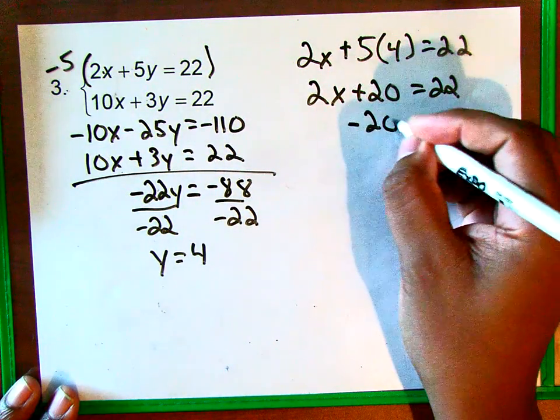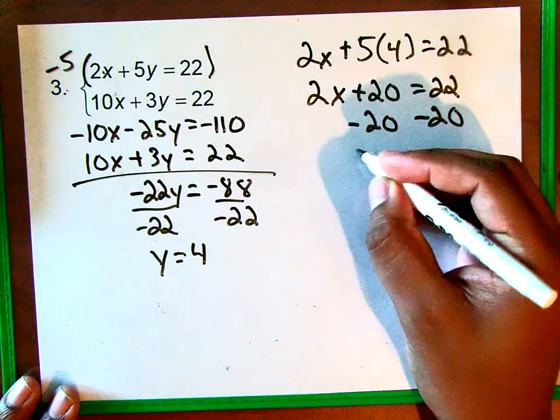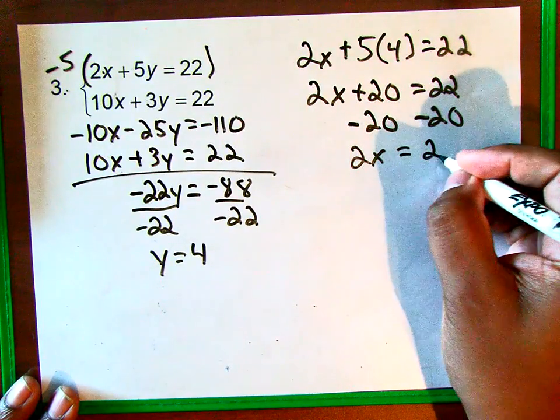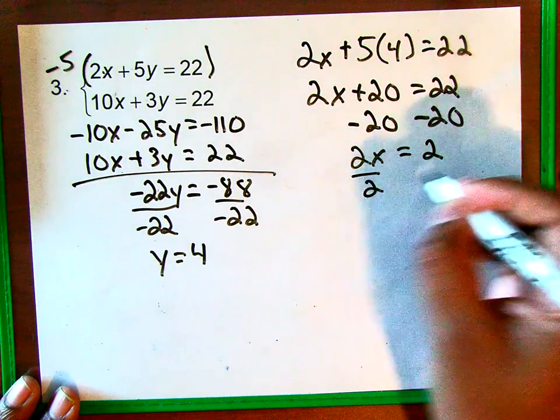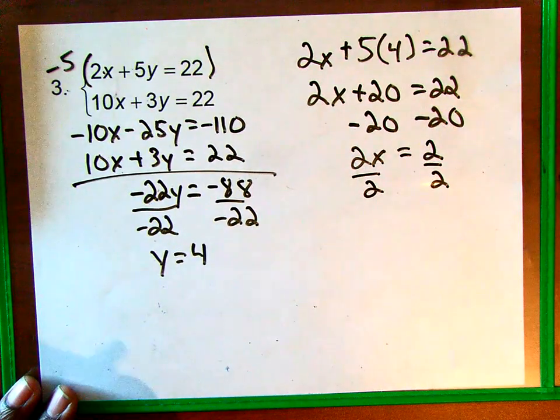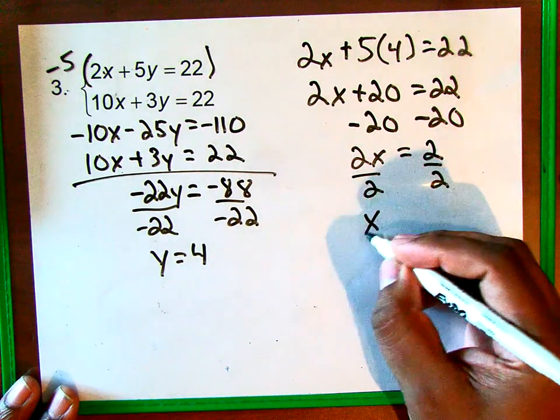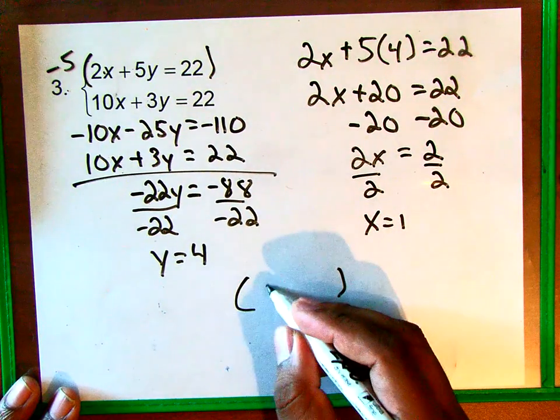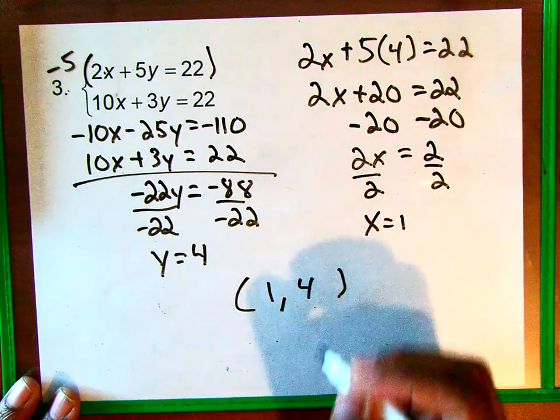I'm going to subtract 20, and 2x is equal to 2. And divide by 2. X is equal to 1. So my solution is going to be 1, 4.